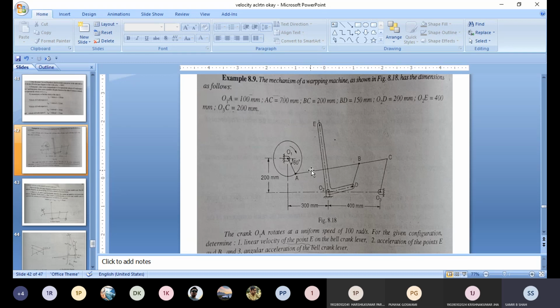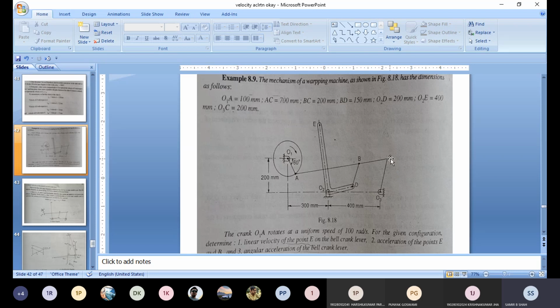After that, join O1 to A with 60 degrees, take AC equal to 700 mm, and draw one arc of 7 centimeter, as we mentioned that 100 mm is equal to 1 centimeter.